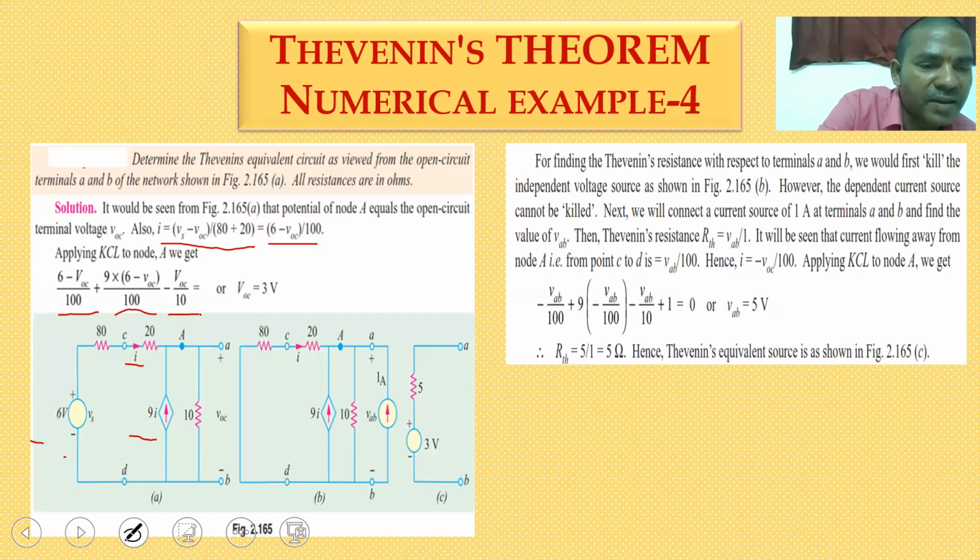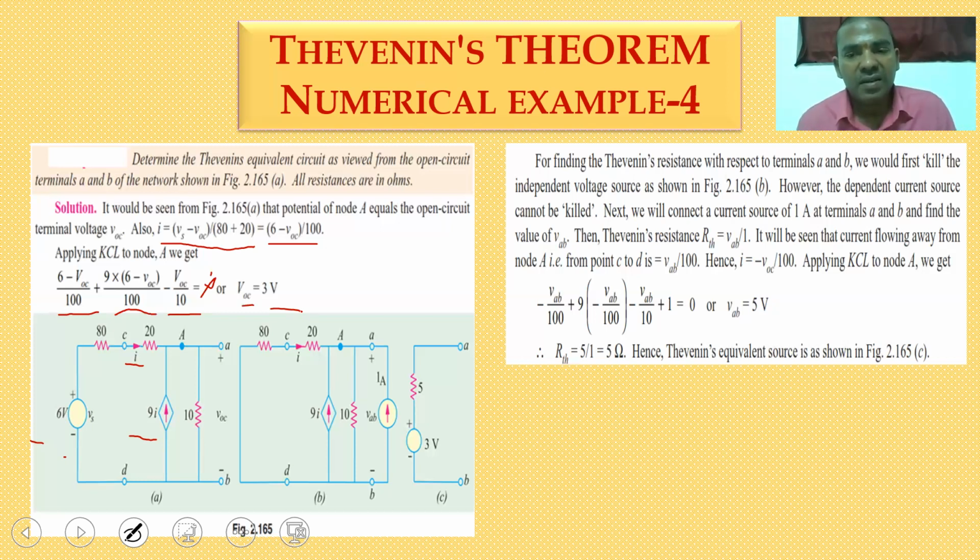So VOC by 10 with minus sign is equal to 0. Then the final value of VOC is 3 volts. So next, for finding the RTH, here I am assuming a 1 ampere current source.